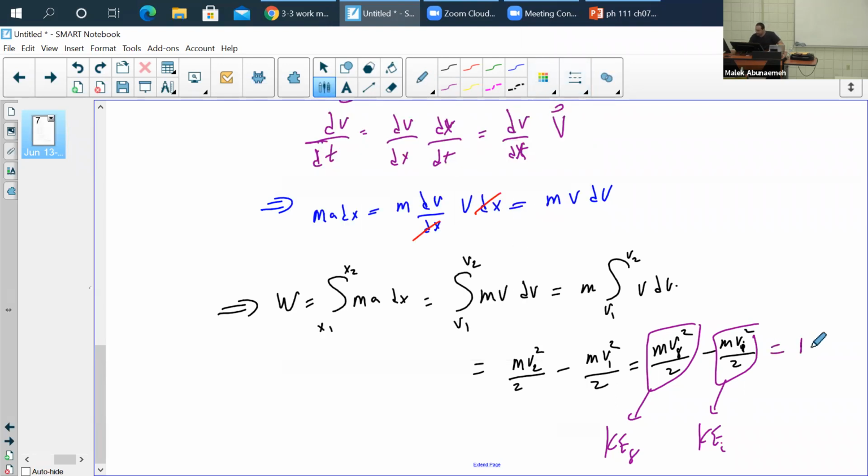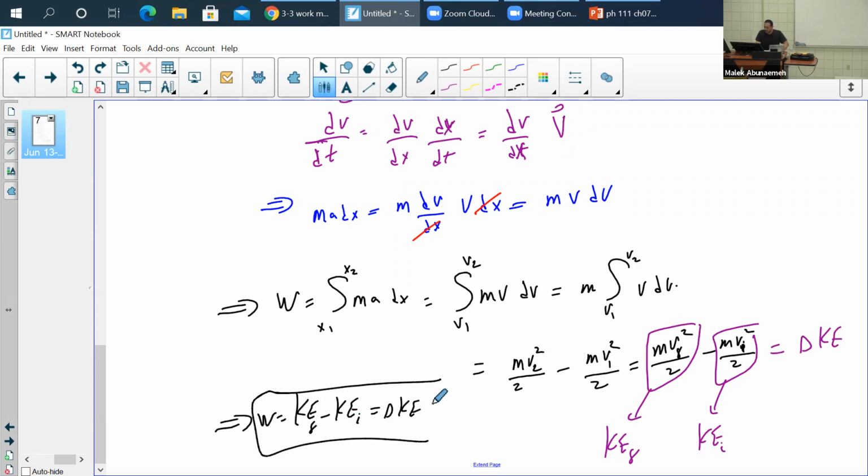Which is going to be your delta KE, your change in kinetic energy. So again, your work is your kinetic energy final minus your kinetic energy initial, which is your change in kinetic energy.